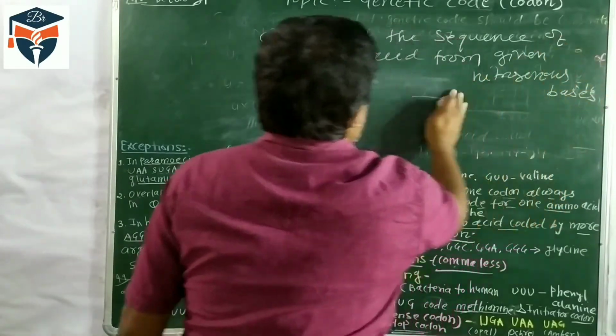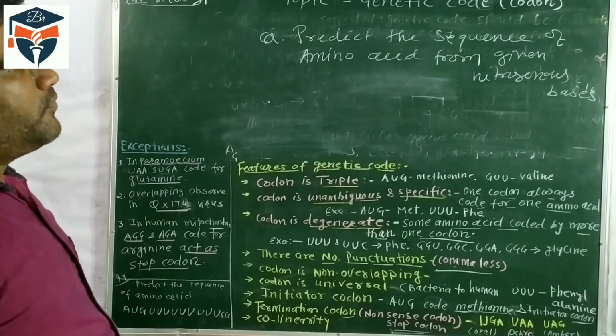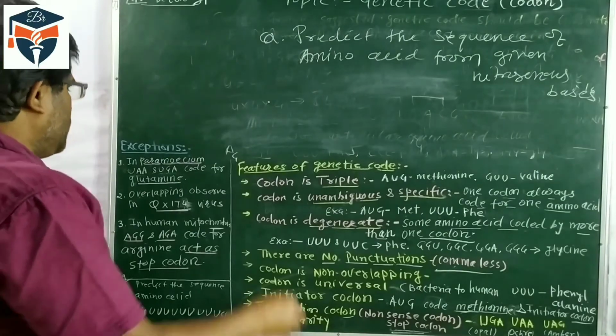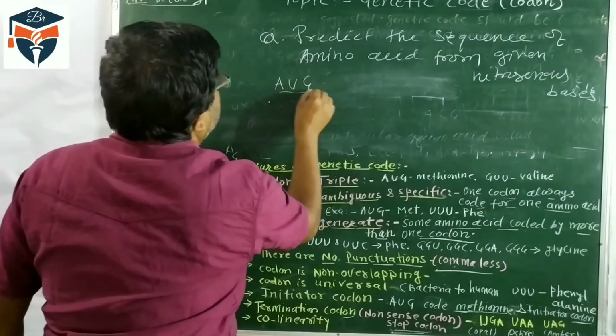It means that from these nitrogenous bases arranged on the mRNA, which amino acids will be formed. So the sequence I am writing here is A, U, G.